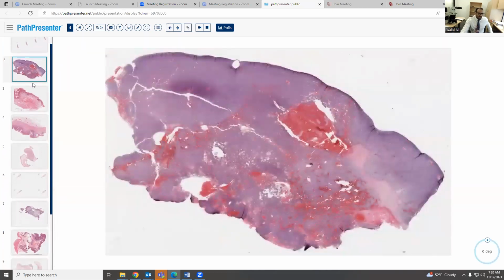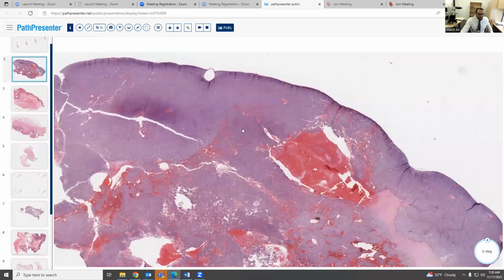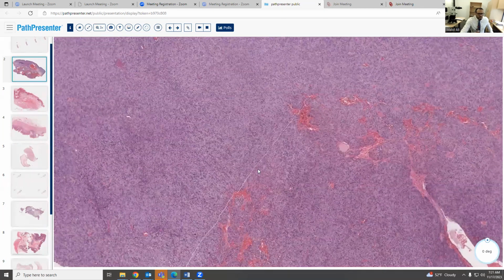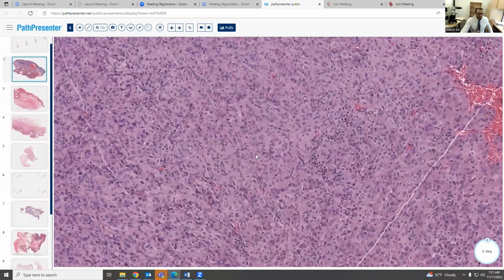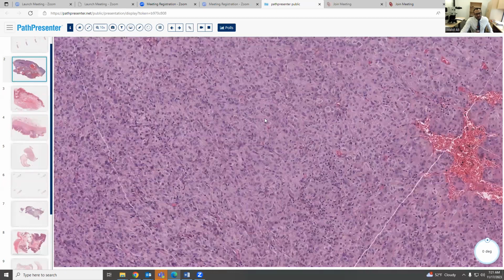Now we have this nodule. The patient has this nodule in the small bowel, and they did a resection. When we go high power, we see a lot of cells.